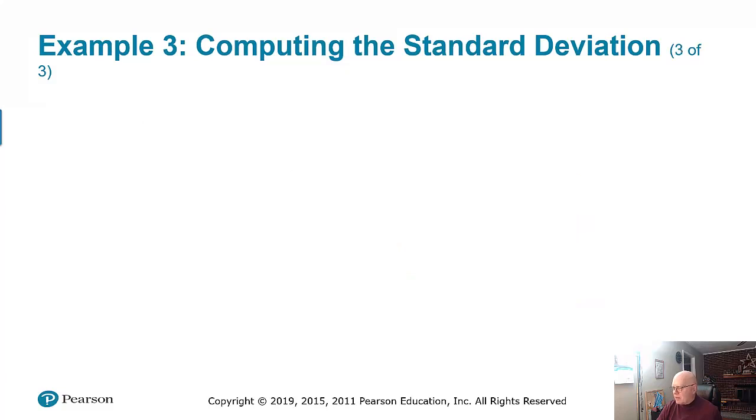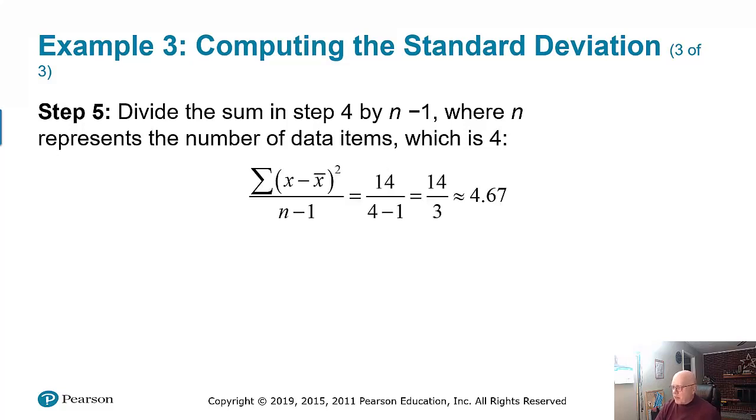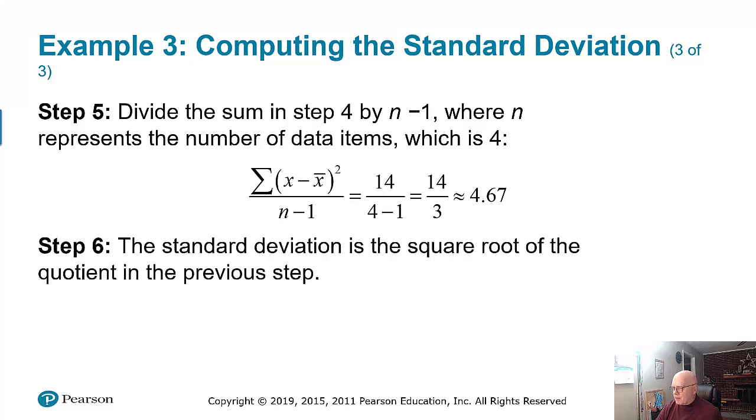Next, divide by n minus 1. In this case, n is 4, so we'll be dividing by 3. That gives us 4.67. Almost there. Take the square root. And now you've got the standard deviation. That's what your calculator is going to do for you.